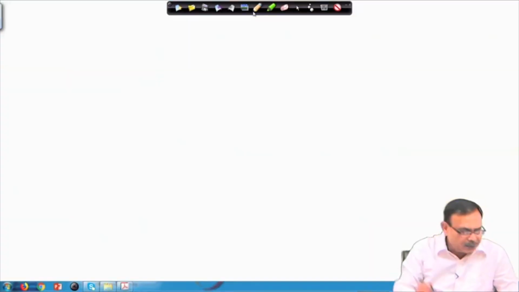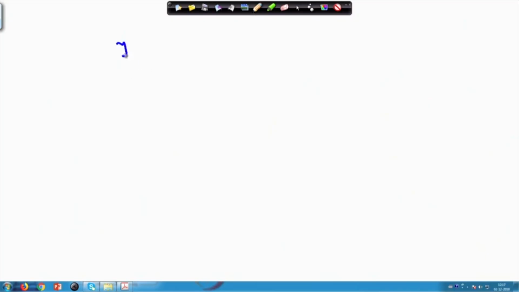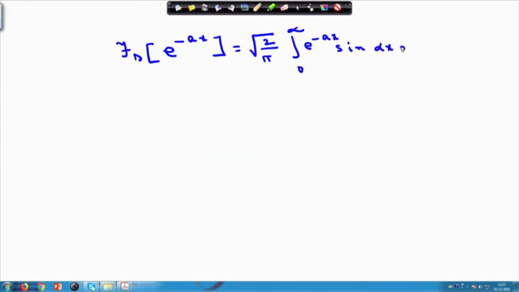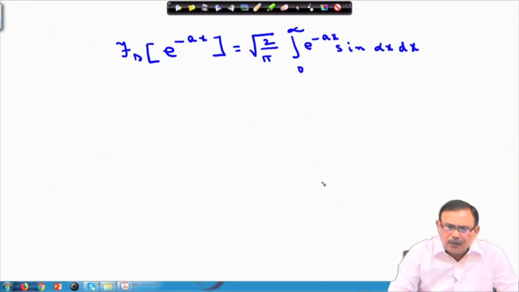Let us see the example. So, I have to find first the Fourier sine transform of e^(-ax), where a is greater than 0, which is root over 2 by pi integral 0 to infinity e^(-ax) into sin(alpha x) dx. And if you remember, we have already solved this problem, what is the Fourier sine transform of e^(-ax).